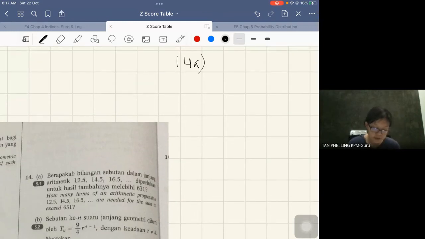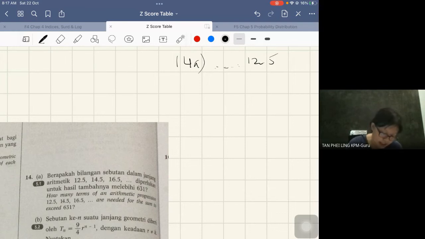How many terms of an arithmetic progression of 12.5? Which means they start from here. Be careful. If they write a dot first, then only 12.5, that tells you that 12.5 is not the first term because there is a dot in front.